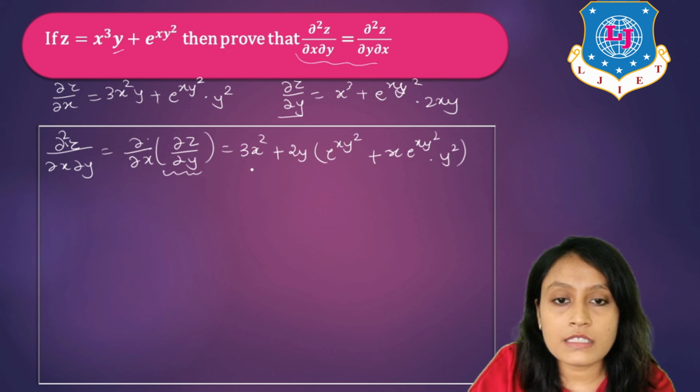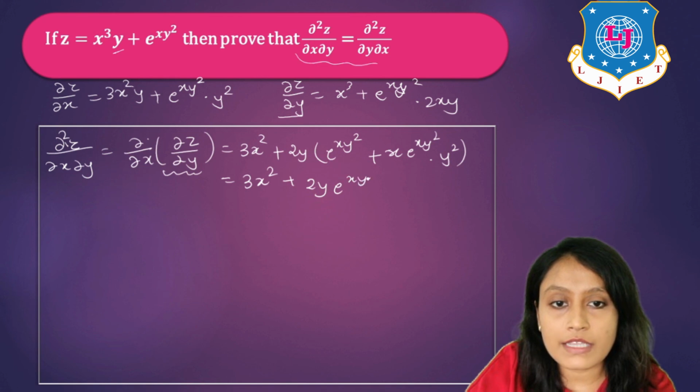Now simplify this, so you will get 3x square plus, take this e raised to x y square common, so you will get 2y e raised to x y square into 1 plus x y square, right?